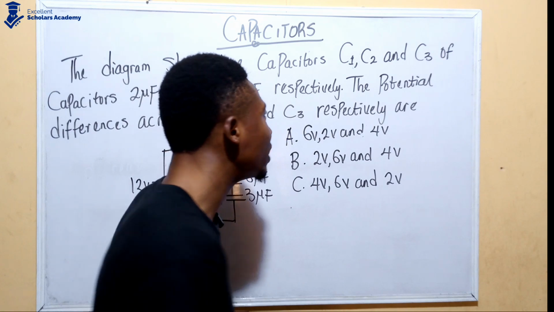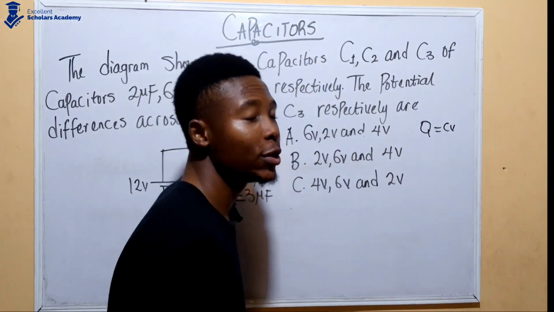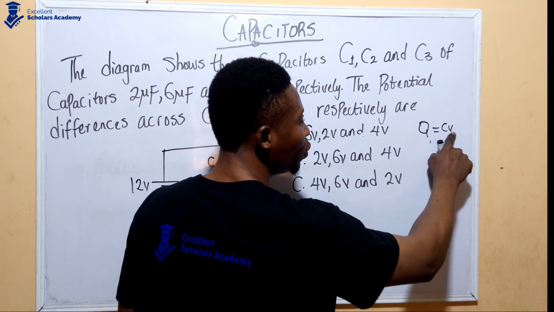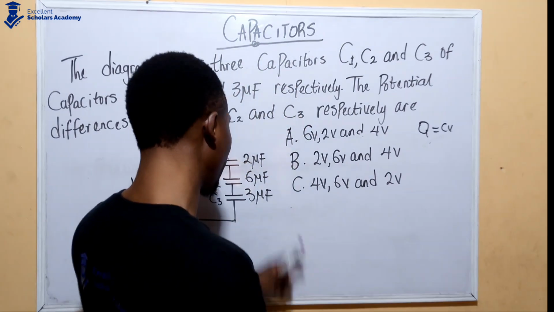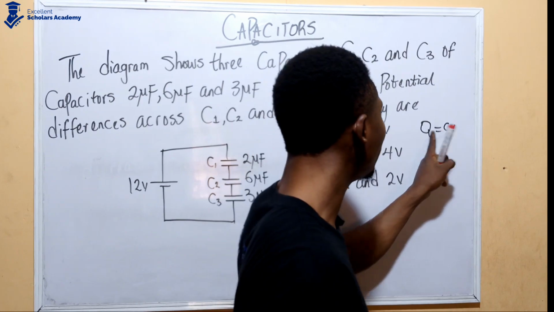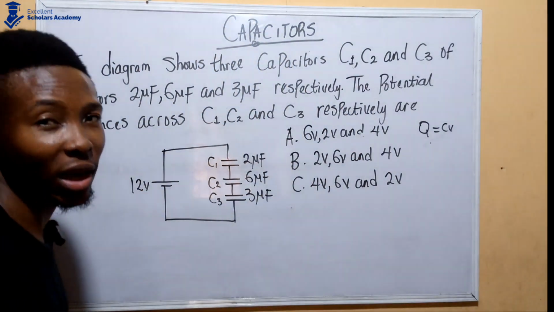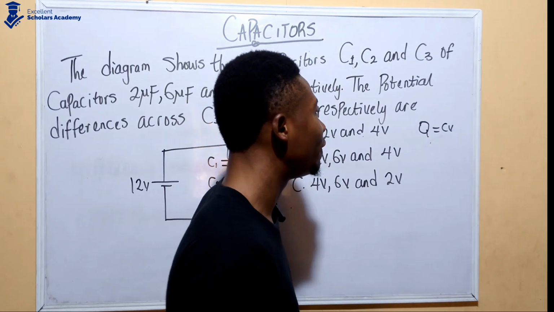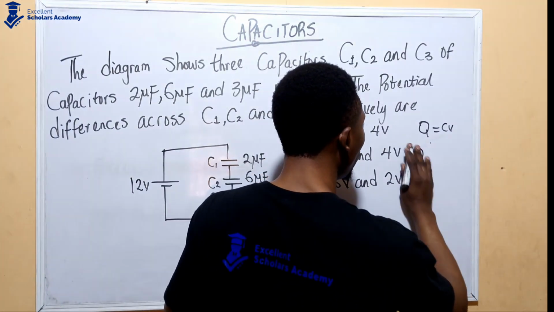Don't forget that Q is equal to CV. You already have the capacitances and the voltage, you need to find the charge. Very, very important. So now Q is going to be equal to what?